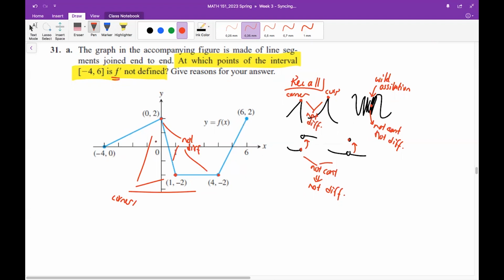Are there any breaks, jumps, holes? No. So this graph is continuous everywhere, but there are some problems about differentiability at these 3 points, okay? Can I move on? Let's move on.